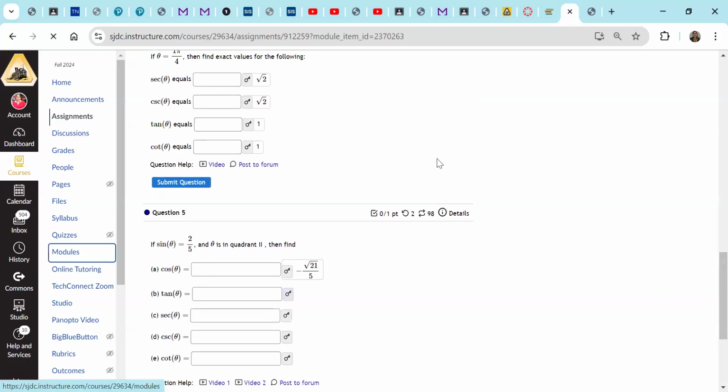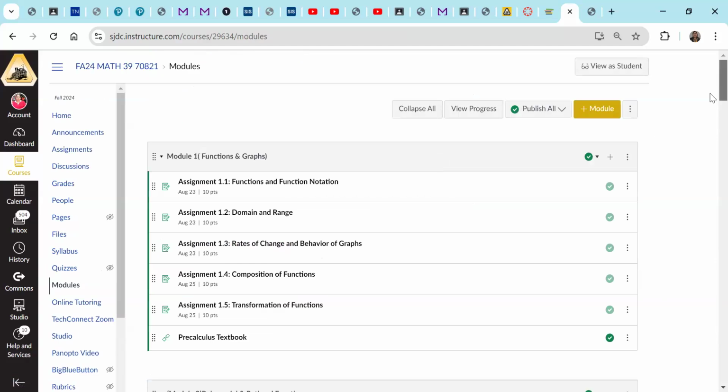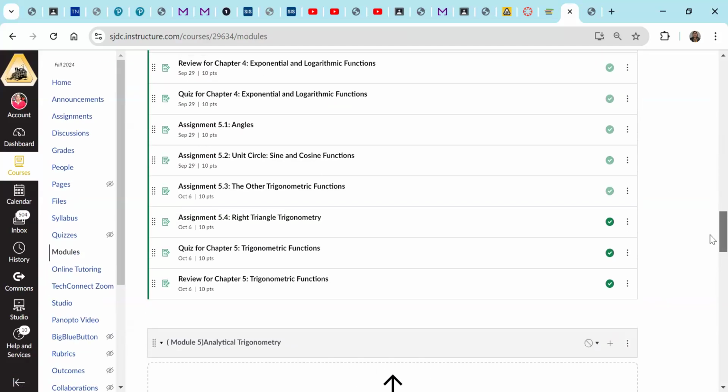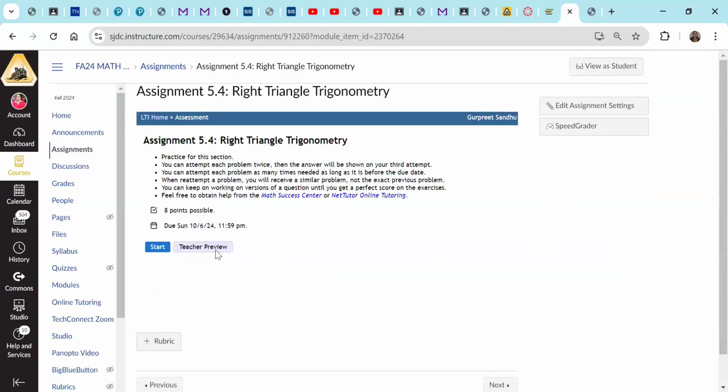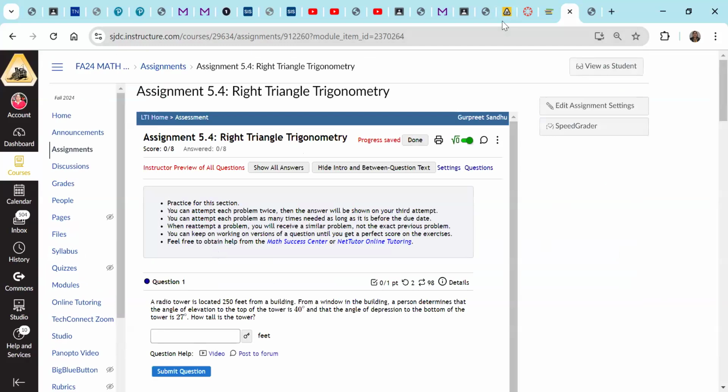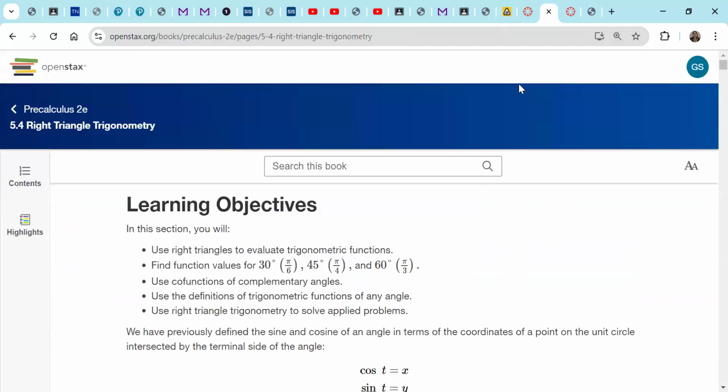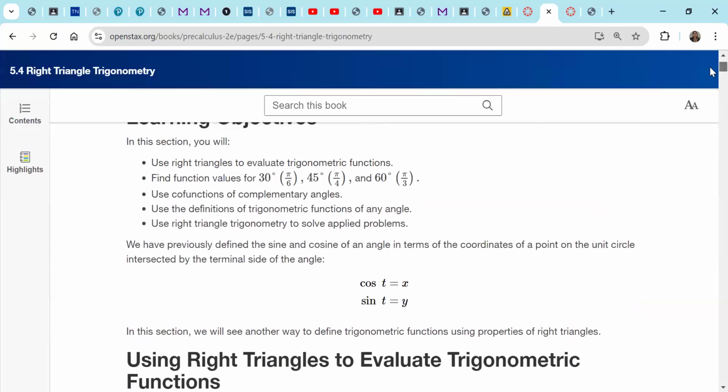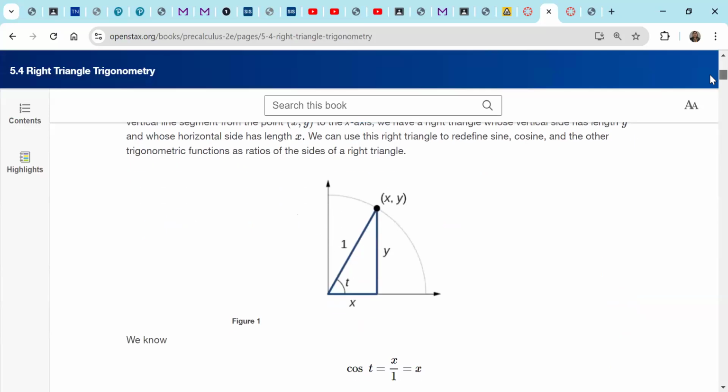So 5.4 is right triangle trigonometry. And in this section, we have a little more detail on this whole thing that we did. The first thing that you're already familiar with is your Pythagorean theorem for a right triangle. And the second thing, as you see right here, is a point on the unit circle.